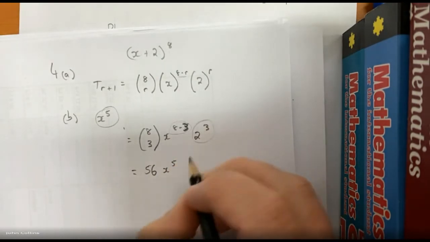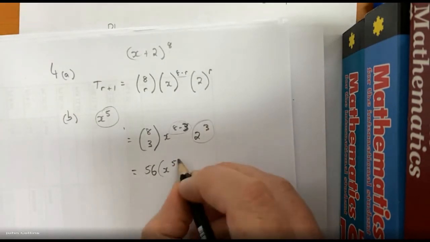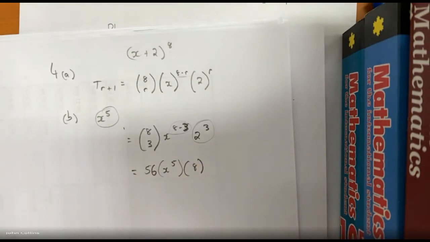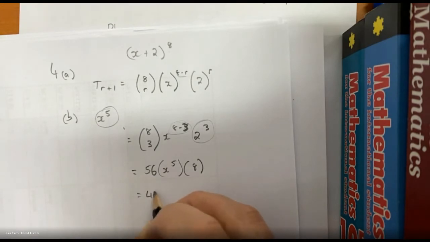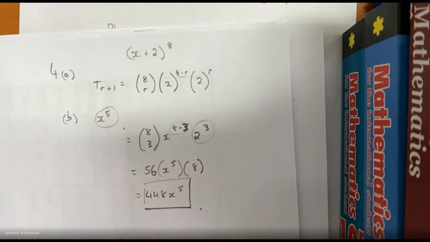Now it's not, because we need to multiply it by 2 to the power 3, which is 8. So it's 56 times 8, and that gives me 448 x to the 5. And that is the x to the 5 term.